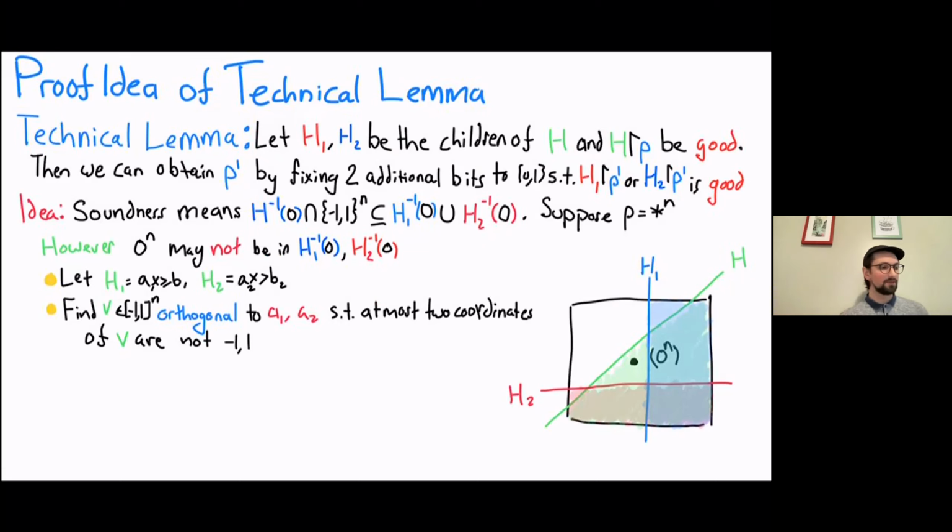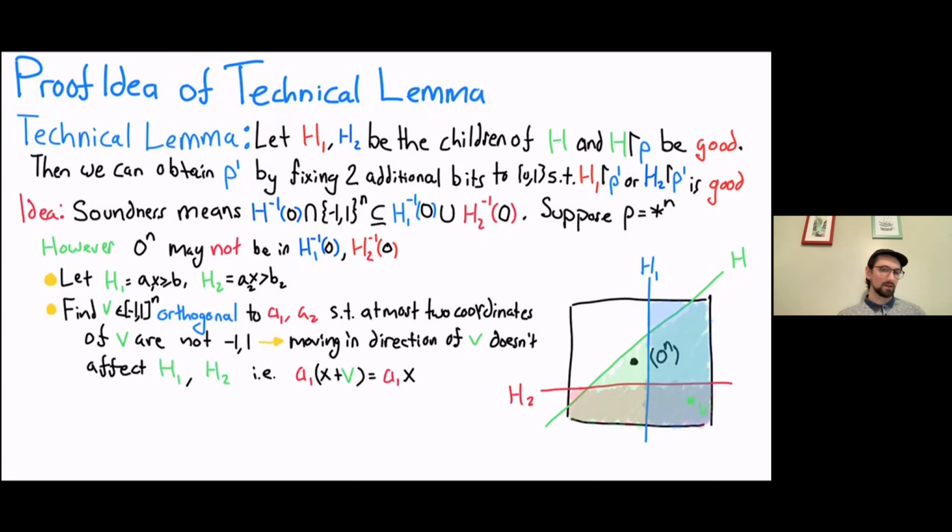We're going to find some vector in [-1, 1] which is orthogonal to A1 and A2, the vectors defining these 2 half spaces, such that at most 2 coordinates of this vector are not -1, 1 valued, or not Boolean valued. These at most 2 coordinates define directions for us to walk in order to land within one of the children half spaces.